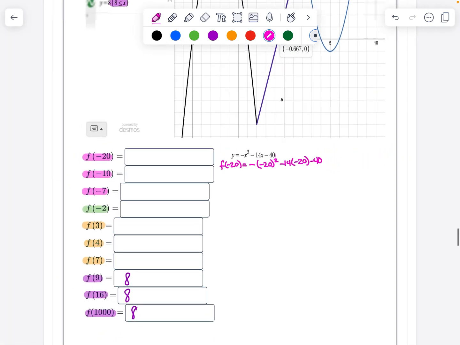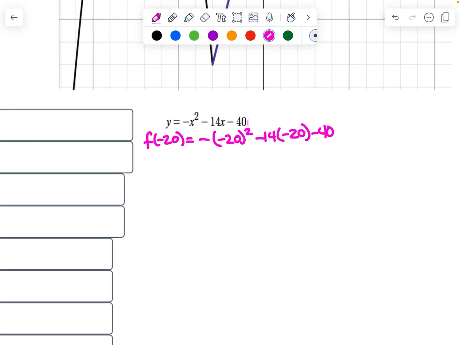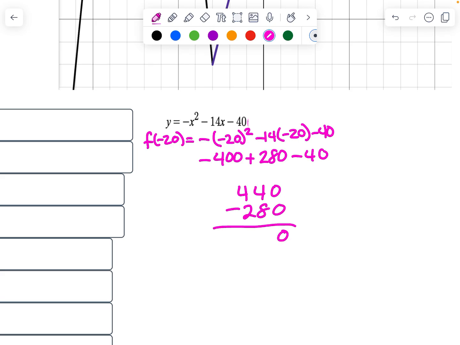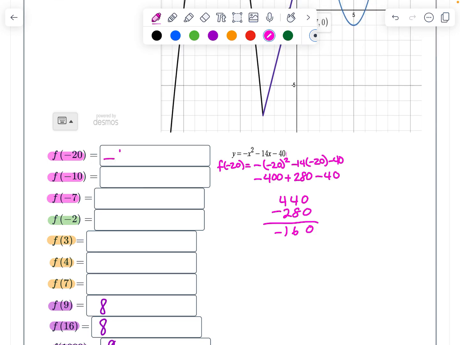And then you can do it on your calculator. I'm not going to do it on the calculator because I'm just right here, so why don't I just do this? That will be a -400. This will be a positive 280. And this will be a -40. So 440 minus 280, that's -160. So that will be a -160. Of course, I don't expect you to do that by hand.